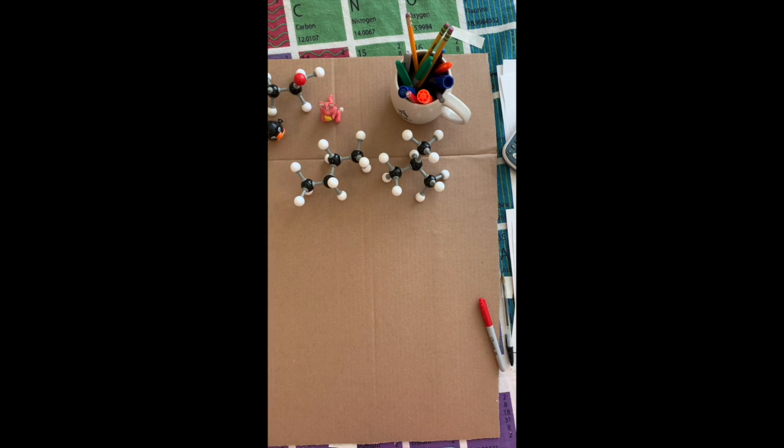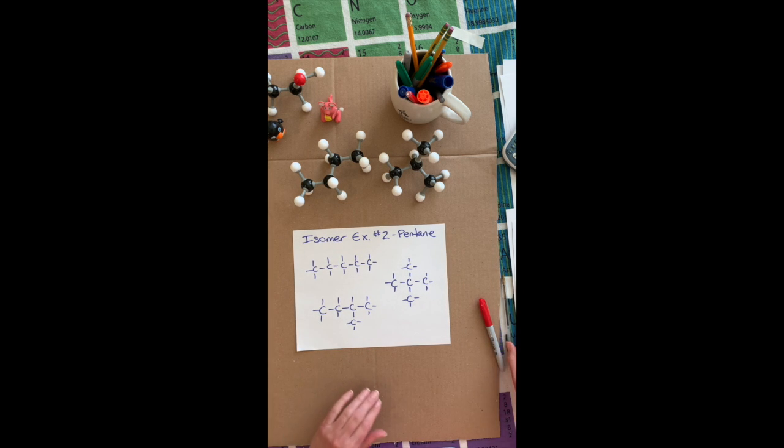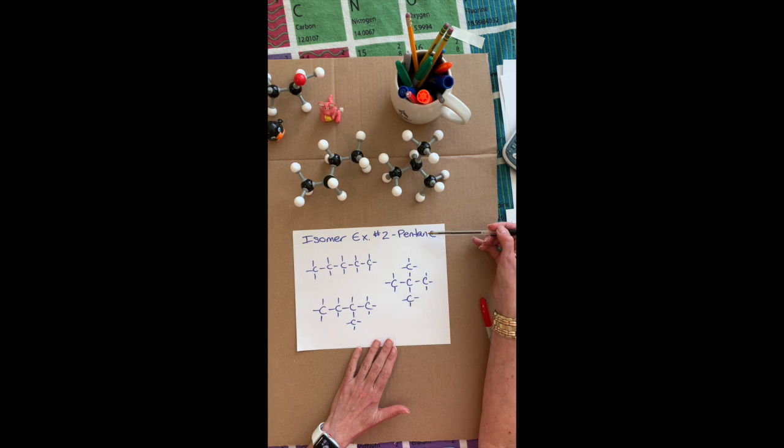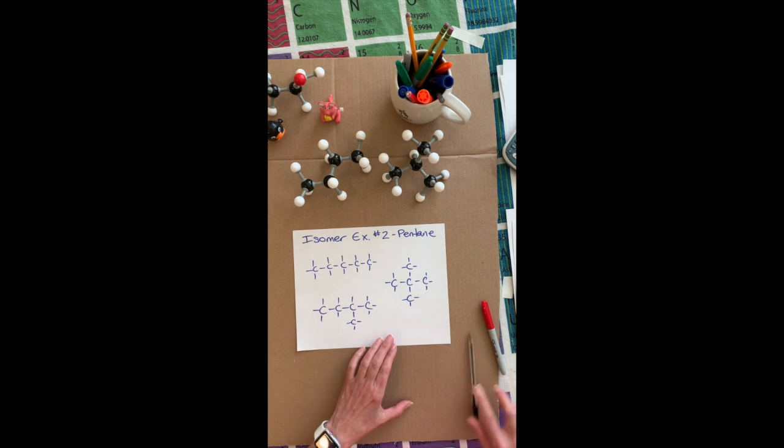Let's look at another example of an isomer. And in this case, we're looking at 3 isomers for pentane. Here is N-pentane. It's 5 carbon, straight chain.